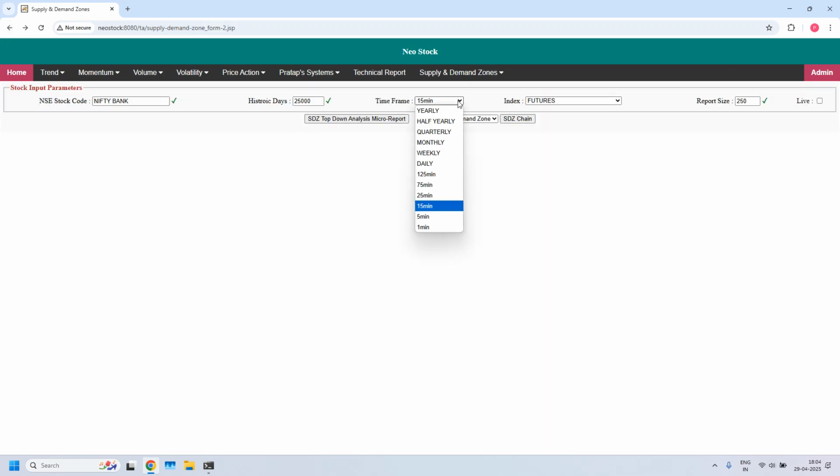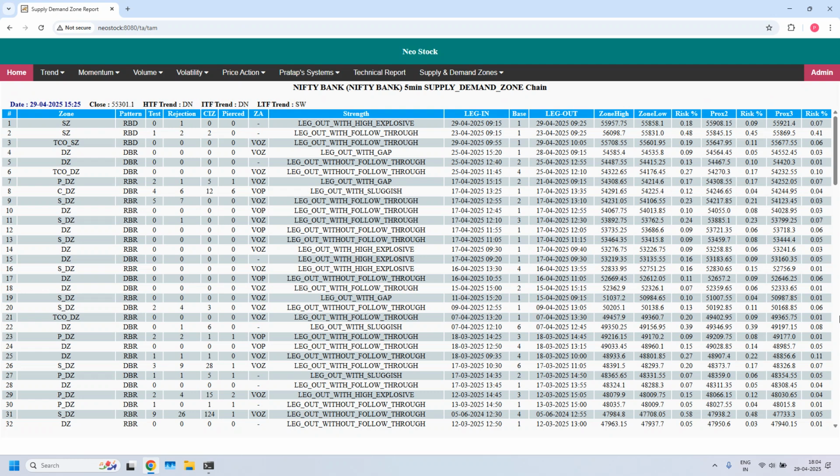Next, generating 5 minutes supply demand zone chain for BANKNIFTY. So this is about BANKNIFTY supply demand zone chain. So with this we have completed both NIFTY and BANKNIFTY supply demand zone chain.